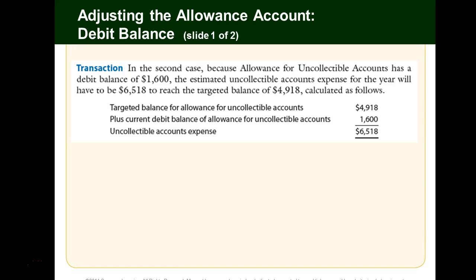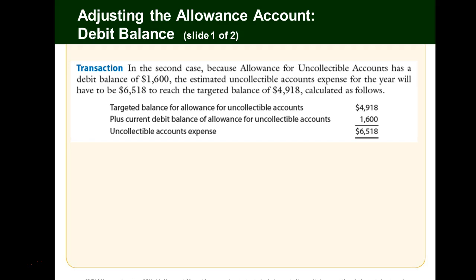Okay, here's a second scenario. Now, instead of a credit balance of $1,600, this tells us we have a debit balance sitting in our account of $1,600. A debit balance. We want it to be a credit of $4,918, but previous to this exercise, we know we've got a debit balance.